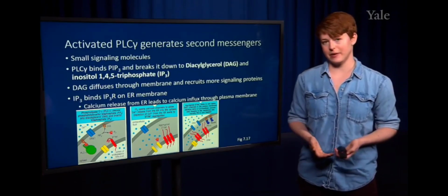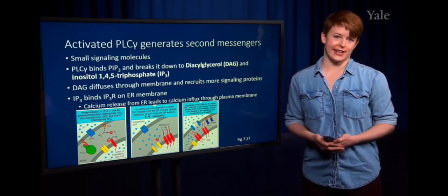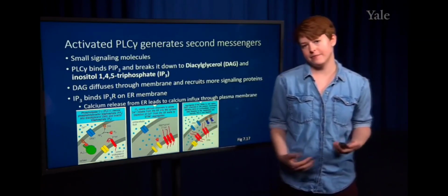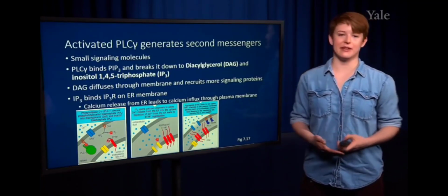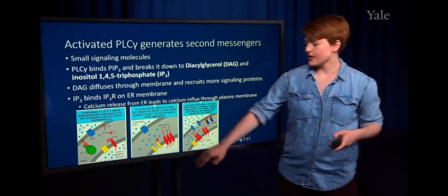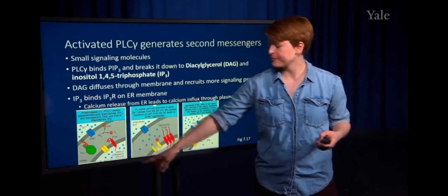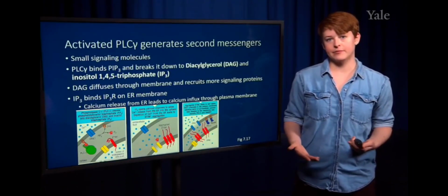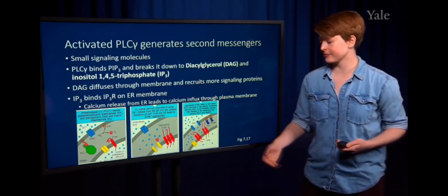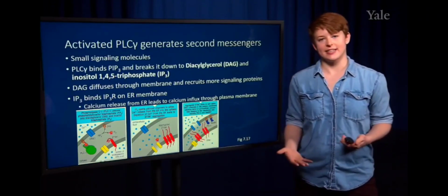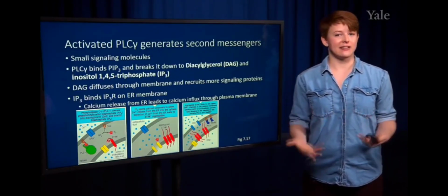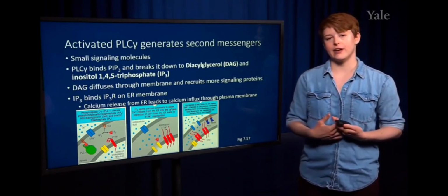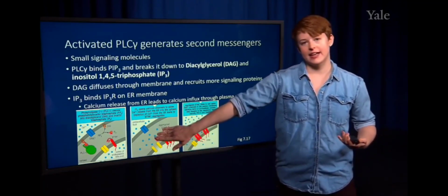So this is a really important pathway because this binding on the ER leads to calcium release from the ER. So the IP3 receptor will then activate this STIM1 protein, which helps open a calcium channel. So then, because there's more calcium inside the ER than there is outside the ER, the opening of this calcium channel leads to a rush of calcium out of the ER into the cytoplasm.